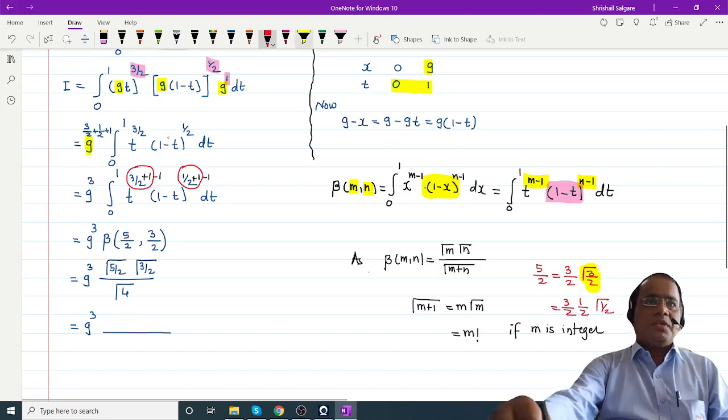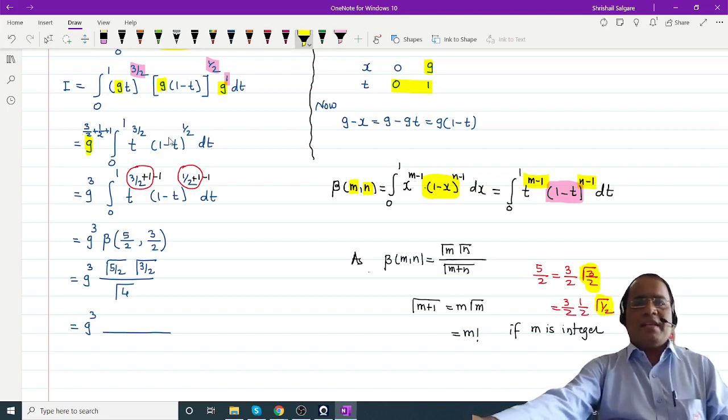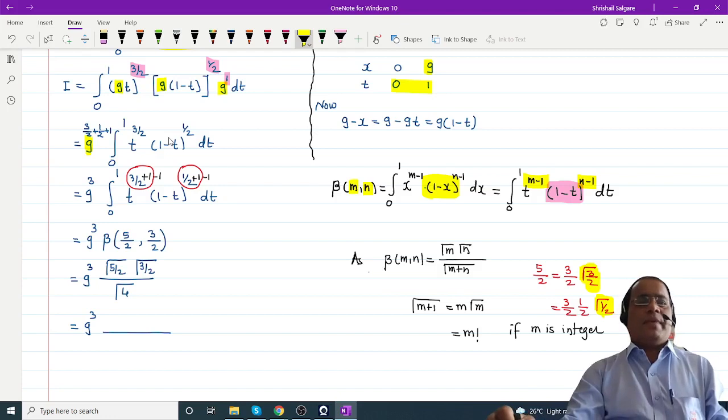And suppose further I apply the same property for gamma of 1 by 2, and reduce 1 by 2 by 1, what will come? Root pi?